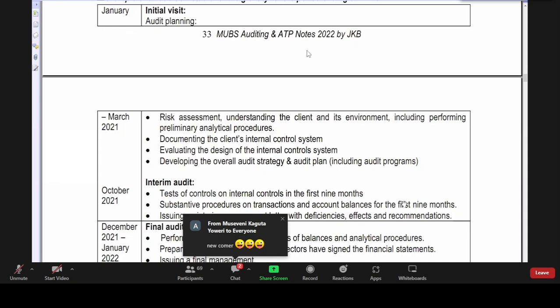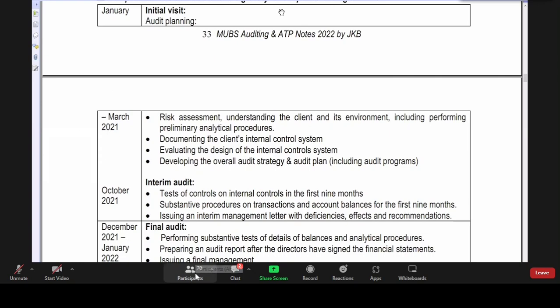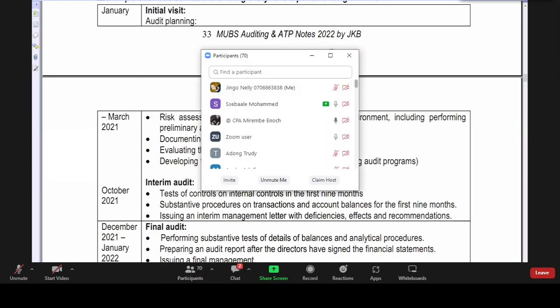Yeah, I'm getting you, sir. You dig deep, you do a full audit on these account balances in respect of the 9 months. For example, non-current assets, you test for their existence, you inspect the documents, you do some inquiries. You get? I get you, sir.